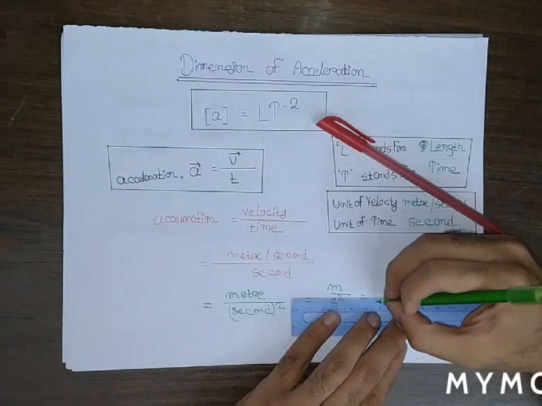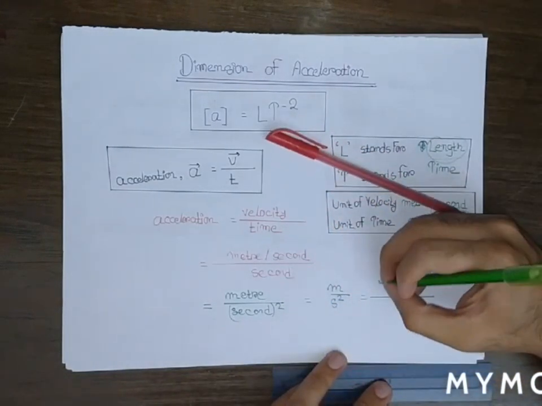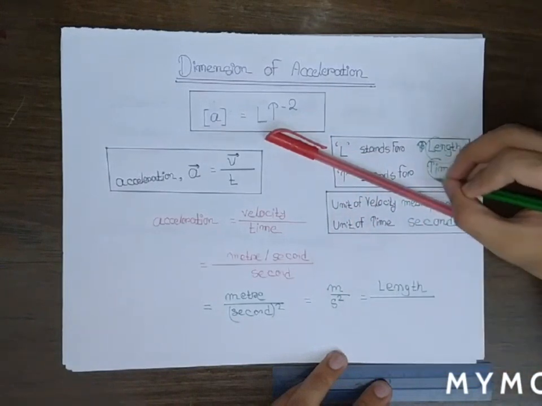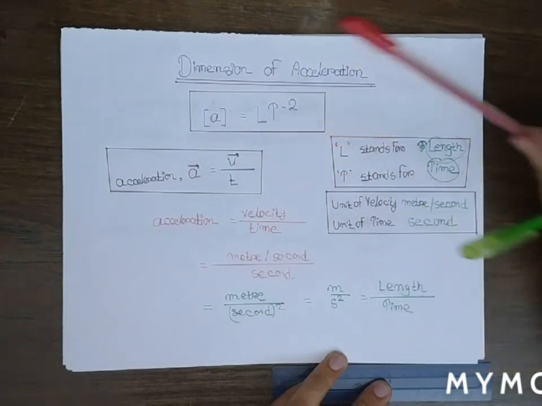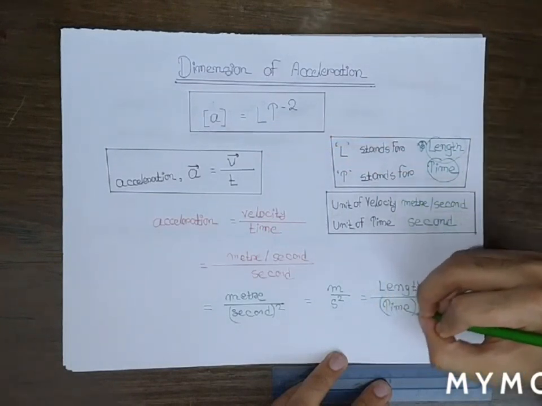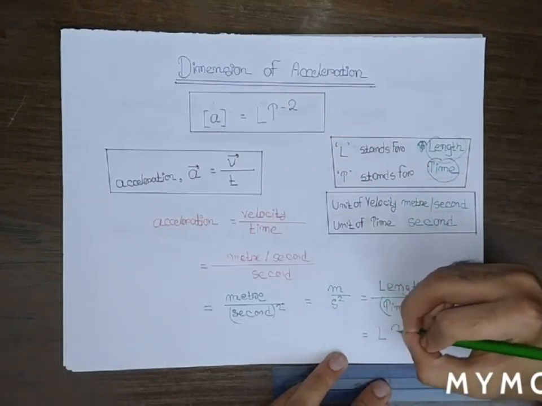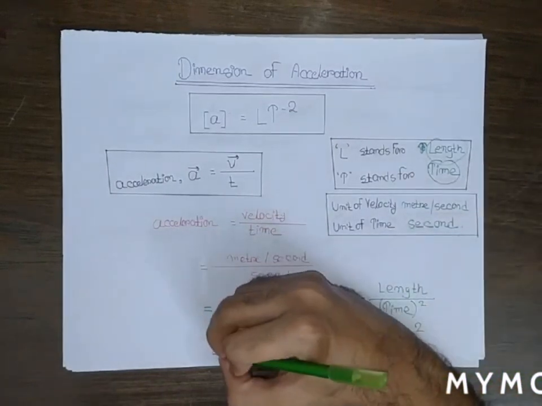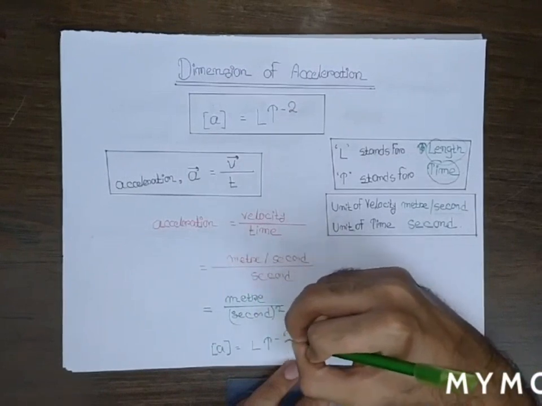As meter is the unit of length, so length, second is the unit of time, so time square. So dimension is L T inverse 2. So dimension of acceleration is L T inverse 2. Proved.